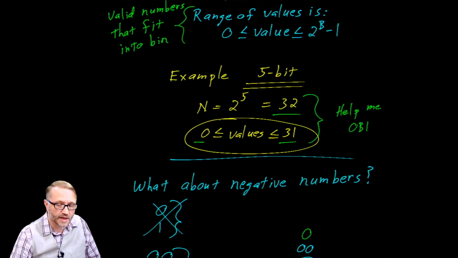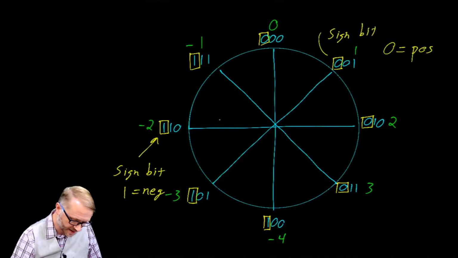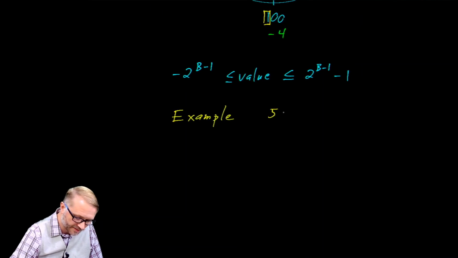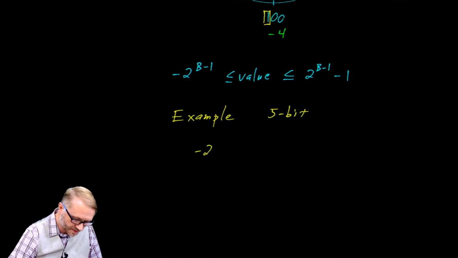That's an example of what's called unsigned. In this example, we're going to use signed numbers. Again, with that 5-bit memory location, negative 2 to the 5 minus 1 is less than or equal to the value, which is less than or equal to 2 raised to the 5 minus 1, minus 1.